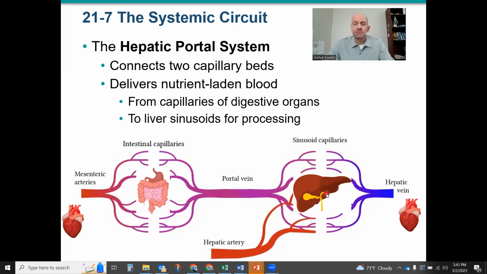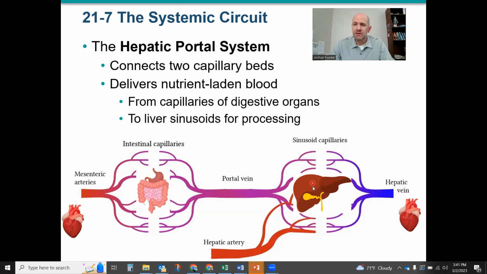The liver needs oxygen, so it will receive its own fresh supply of oxygenated blood via the hepatic artery. Once the liver has processed the blood, it leaves the liver in the hepatic vein. One more outflow that is helpful to understand is the bile duct.